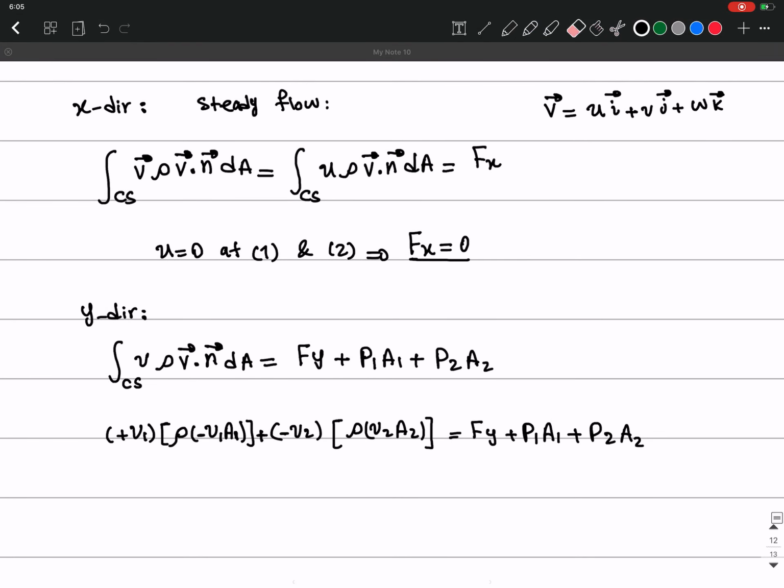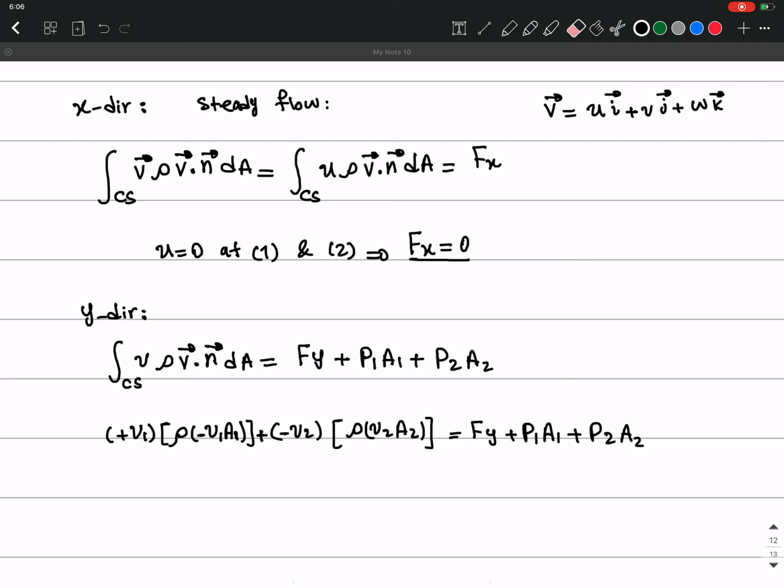Now I want to write the continuity equation. And what was the continuity equation? If you remember it from previous lectures, it was that the mass flow rate should be constant, right? That was what we had in continuity, okay? So now I want to use a form of it that would be simpler for you to understand, okay?